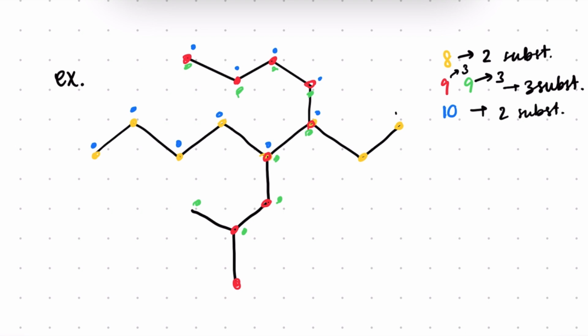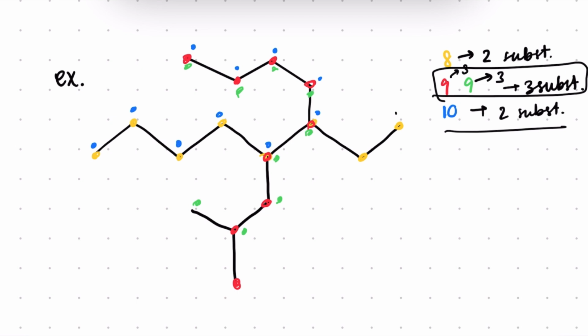So overall, looking at this, we figure out that the 9-membered chain is actually a better option here because it has 3 substituents, whereas the 10-membered chain only has 2. So that's what I meant by longer chain doesn't necessarily mean parent chain. In fact, you have to check the substituents present.